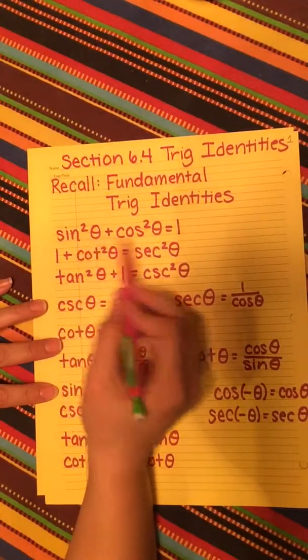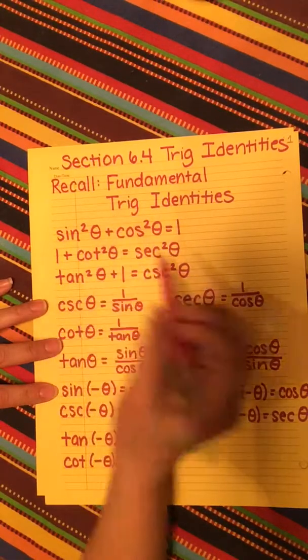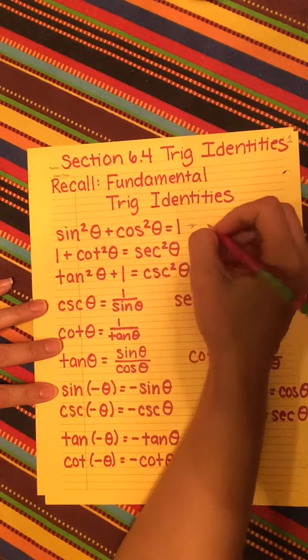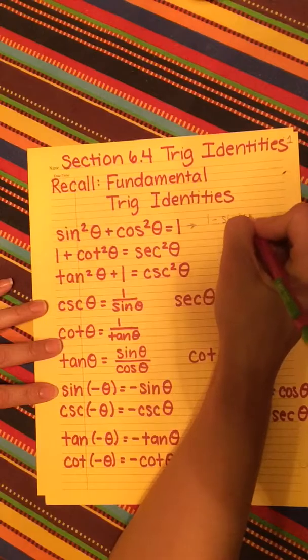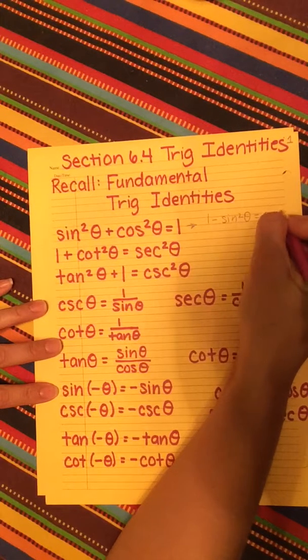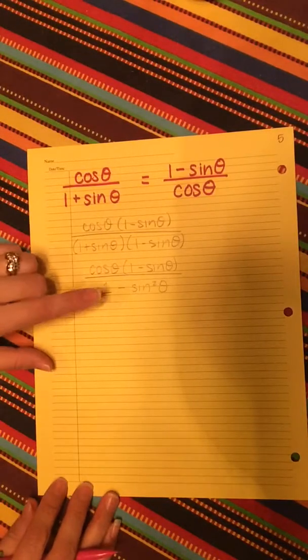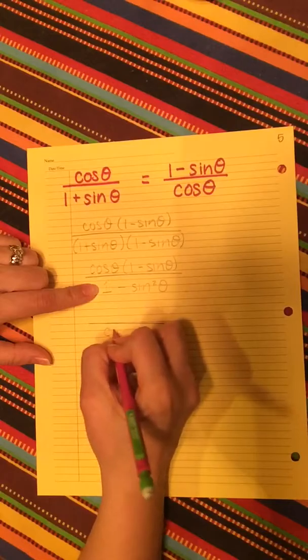If you look at this very first one, if you have sine squared of theta plus cosine squared of theta equals 1, you could rewrite this so that it looked like 1 minus sine squared of theta equals cosine squared of theta.